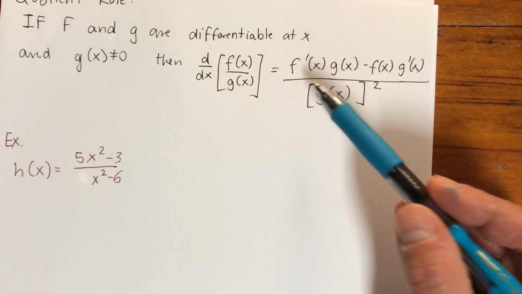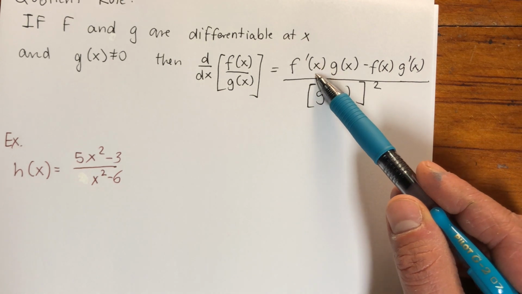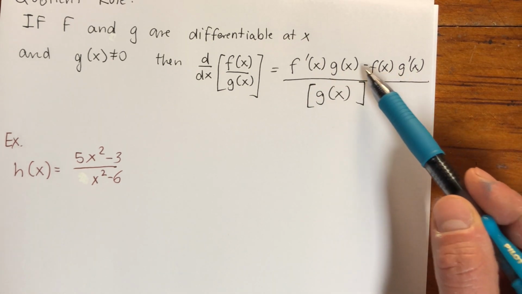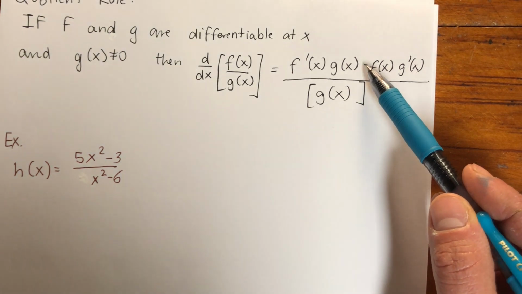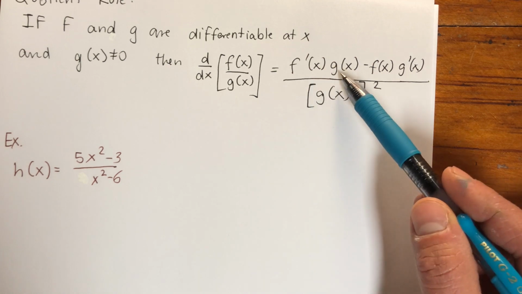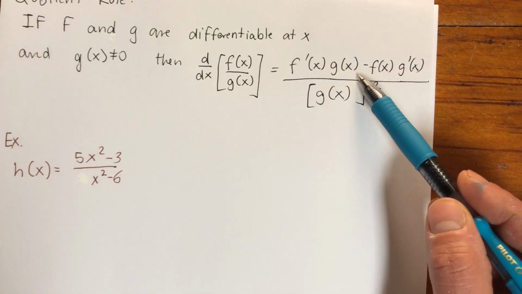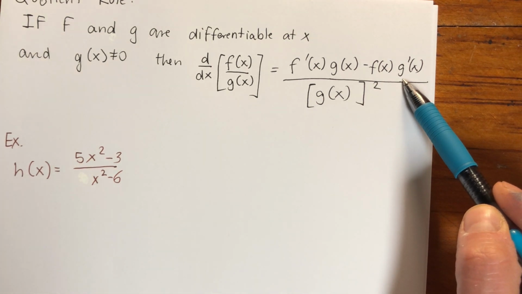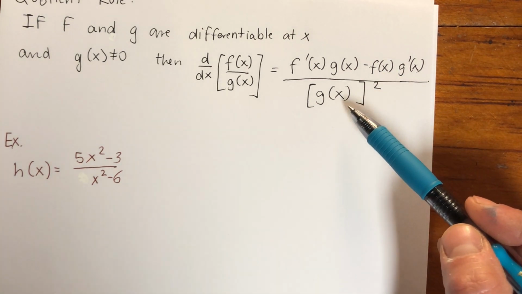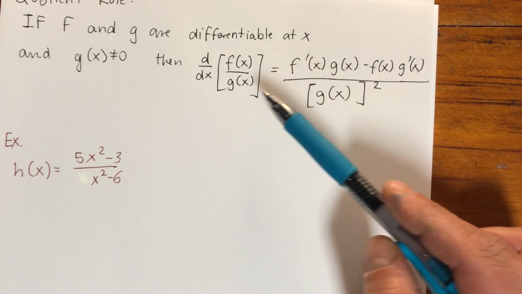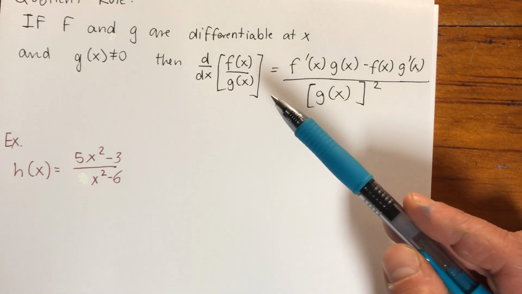The top is going to look very similar to the product rule, except it is going to have a negative sign. So we have the derivative of the first function times the second function minus the first function times the derivative of the second function. And then we are going to divide it by the square of the second function. And what I mean by the second function is the function that is in the denominator.